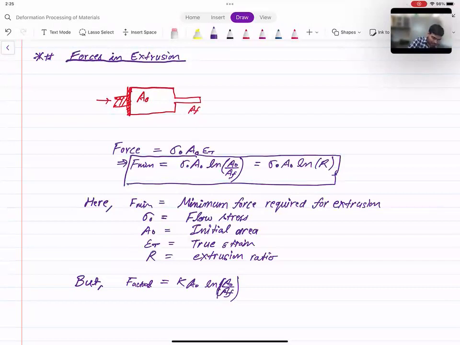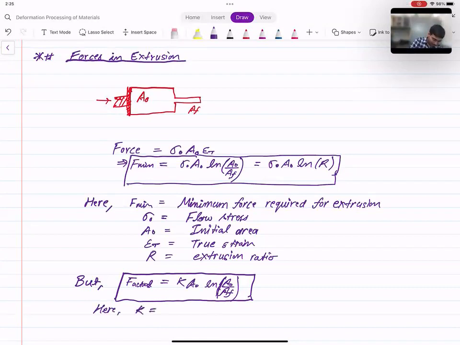This is a similar relation. The only thing is the flow stress now has been replaced with some constant, which is known as the extrusion constant, which takes into account the effect of friction and non-homogeneous deformations, etc. Here K is known as the extrusion constant.